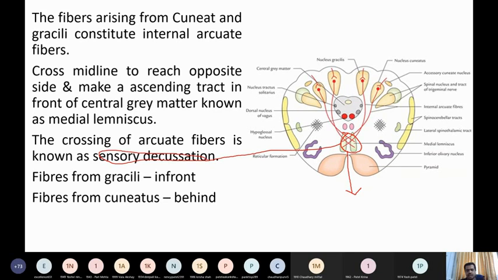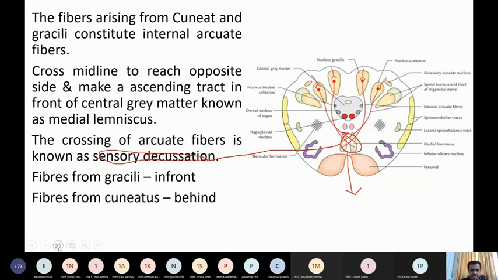Clear? So there are two decussations you saw in the medulla oblongata: pyramidal decussation or motor decussation, and sensory decussation. Motor decussation is the decussation of the pyramidal tract. Sensory decussation is the decussation of the internal arcuate fibers.